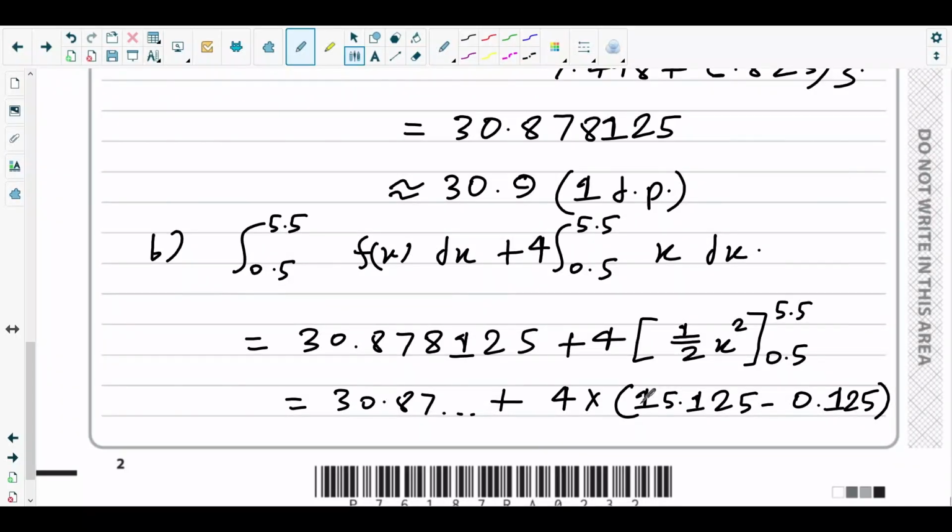So 15.125 minus 0.125, times 4, and then we add it to 30.878125.